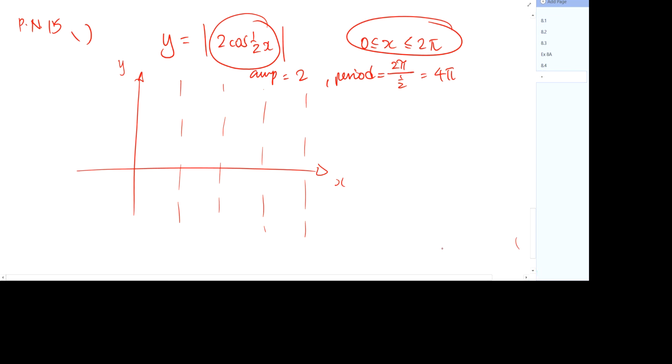So if I want to draw a full cycle, this will be the scale required to extend for the x-axis for one full cycle. Cosine, so we start from here.